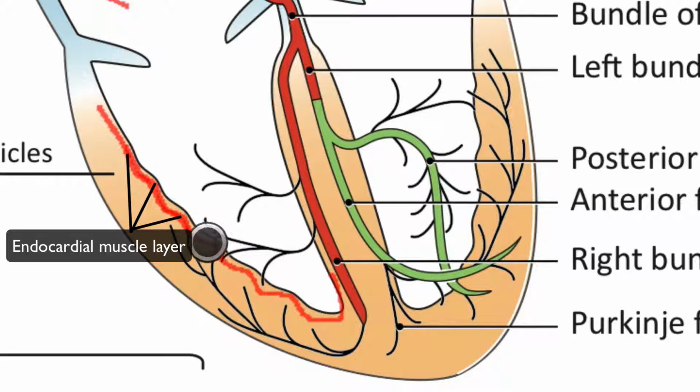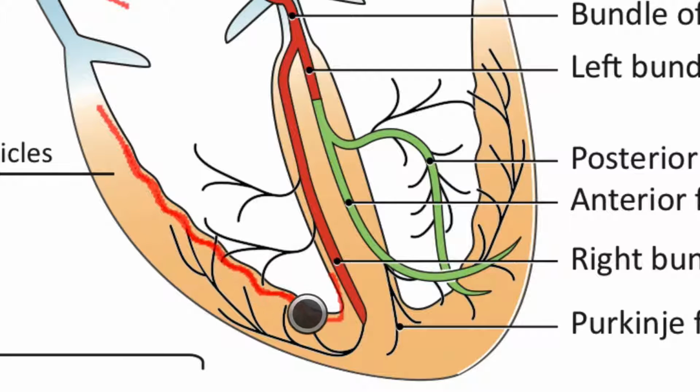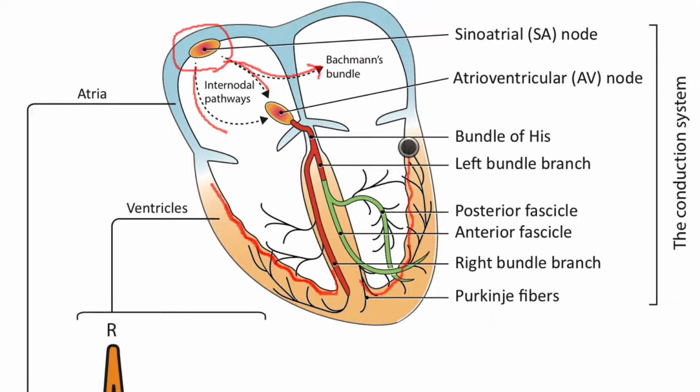This is where the Purkinje fibers run. And the same thing in the left ventricle. This is the endocardial layer of the left ventricle and where the Purkinje fibers run. And you should also know by now that the Purkinje fibers deliver the electrical impulse to the contractile cells in the ventricles so that they can contract.